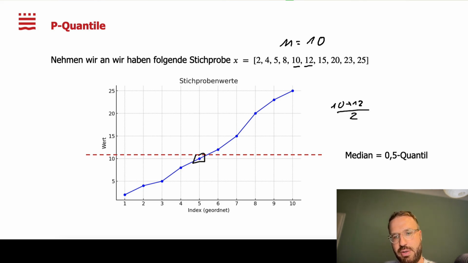Now we do not want to look at the so-called 0.5 quantile, but rather we want to examine a value such that 25% of the values are less than or equal to this value, and 25% are greater than or equal to this value. And we call this the 0.25 quantile. And now we can take a look. We have 10 values. So 10 times 0.25 is exactly 2.5.